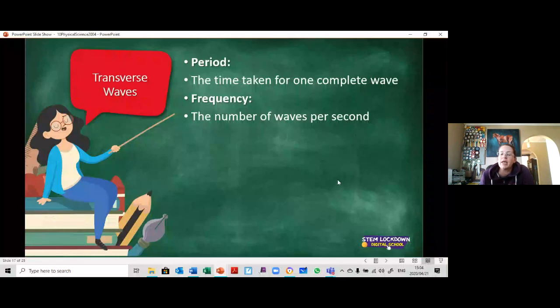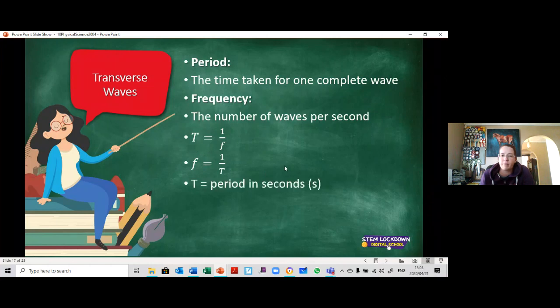Now we've got a way to go from period to frequency. If I have the frequency, I can calculate the period, so 1/f gives me period. And if I have the period, 1/T gives me the frequency.